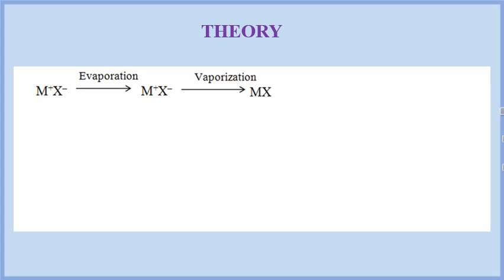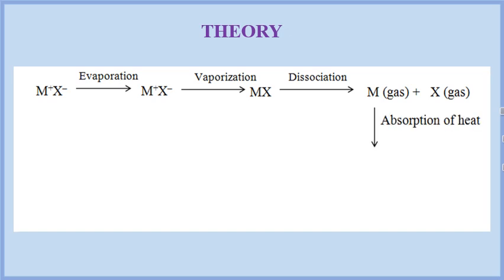That means it will convert from solid to gaseous state. Next, the salt in gaseous state will dissociate into atoms which will be in gaseous state. These atoms absorb heat energy from the flame and get excited to their high energy level.